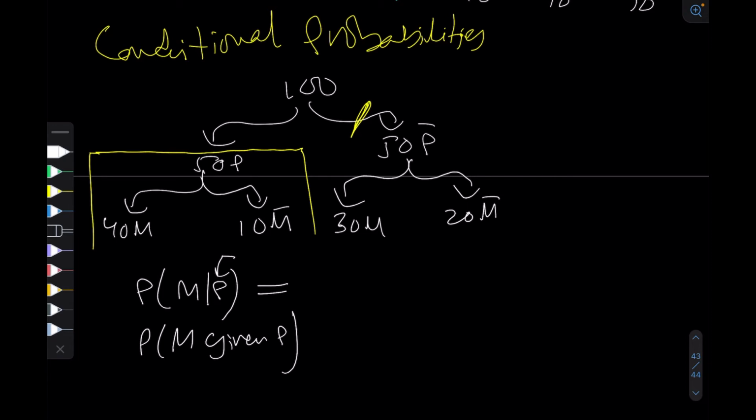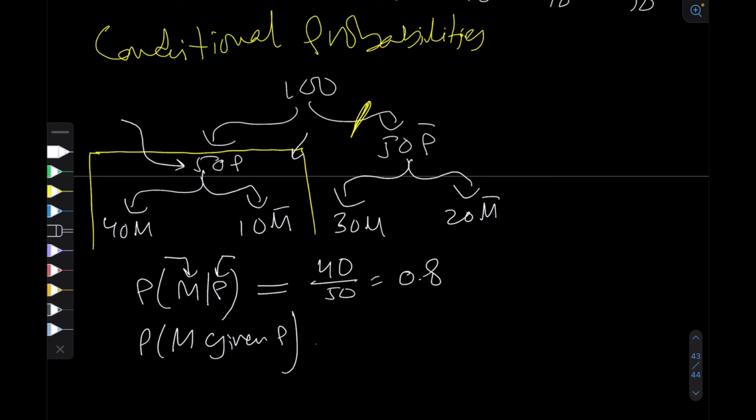So now your sample is reduced to the people who have physics only, and then I'm asking the question, okay, what is the probability that I now choose math? Well, if you're in this room, then you can pretty much figure out very quickly that 40 out of the 50 students have math, so the probability would be 0.8.